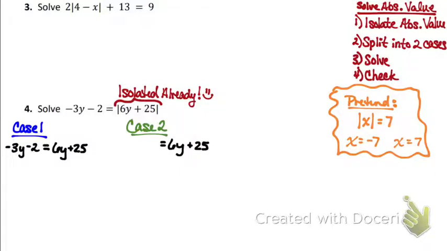For the other case, what happened? It changes signs. So in case 2, I'm going to have the opposite sign, or negative, of whatever I had there to begin with. So I have a negative this, all of this.